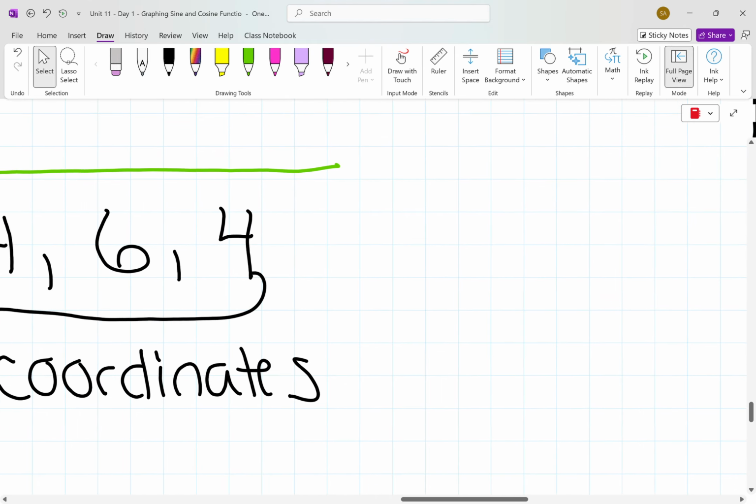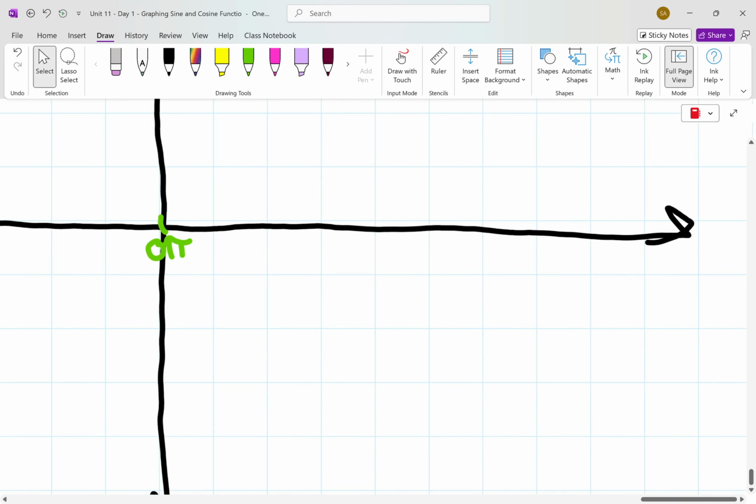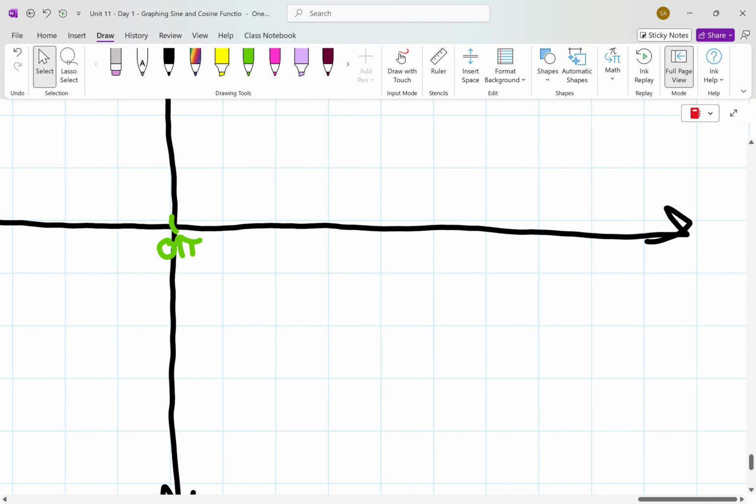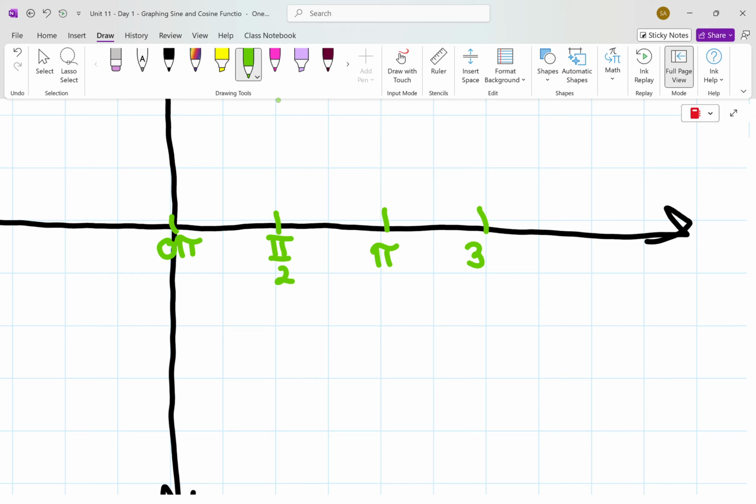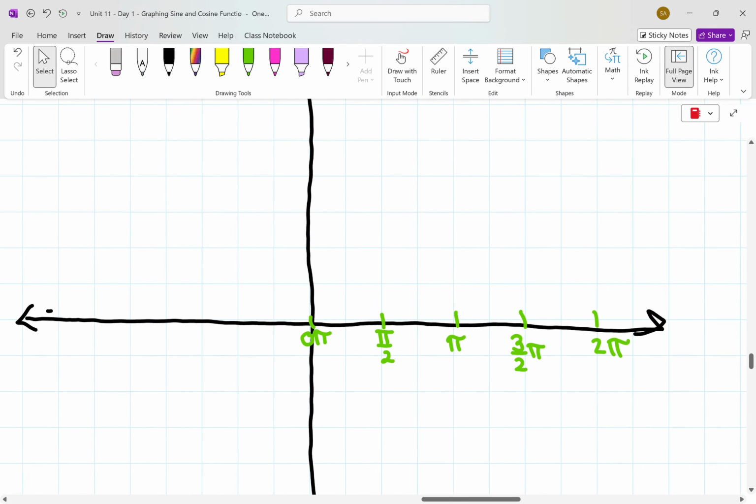The quarter period. So what is the quarter period? Isn't it pi over 2? So that means each interval is going to add a pi over 2. So we're going to say 0, and then pi over 2, and then what? Pi. And then 3 over 2 pi, and then 2 pi.